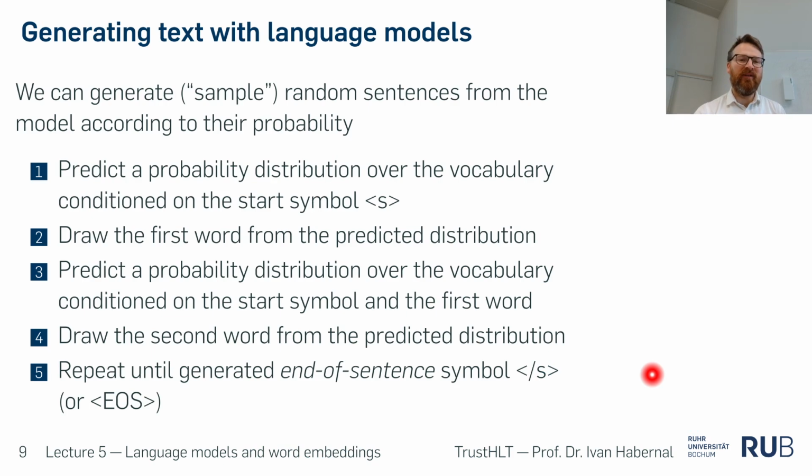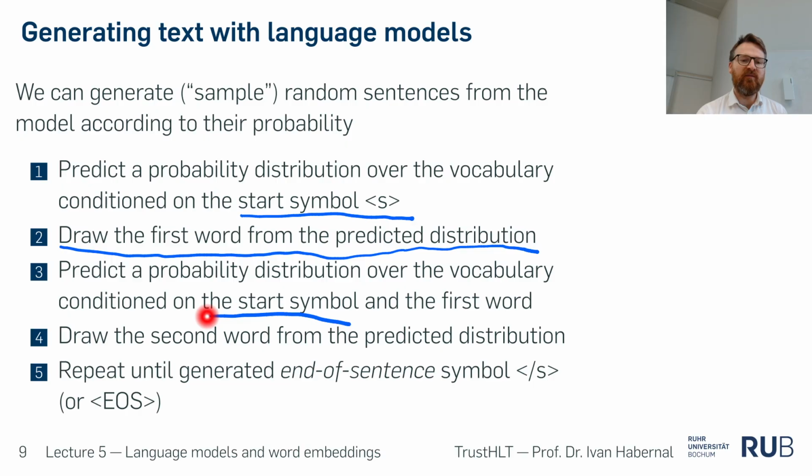They ask for the probability distribution. So we start, predict the probability distribution over the vocabulary conditioned on the start symbol. So we start with the start symbol and then draw the first word from the predicted distribution. And then in the next round, we predict the probability distribution over the vocabulary conditioned on the start symbol, and now we also have the first word. So we generated S, we generated I. Now we're asking, what is the next one?